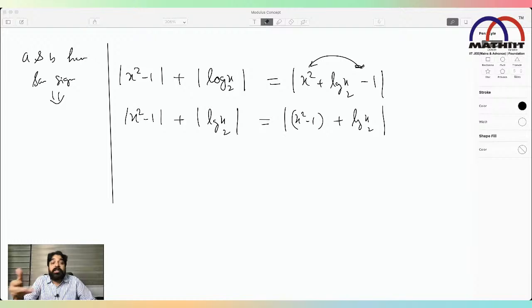In English we say same sign. In Hindi we'd say dono ka sign same hai. But in mathematics, how will we speak? Because you have to use a mathematical term. Anyone? I didn't get a response from anybody.